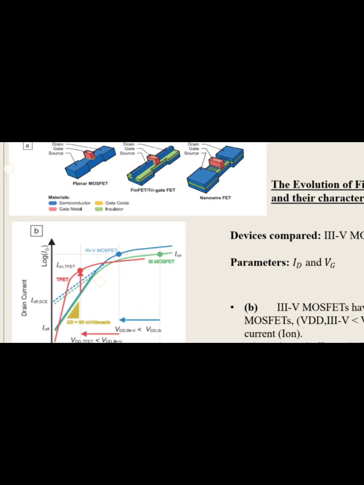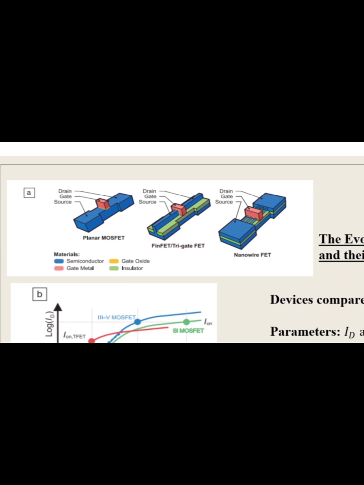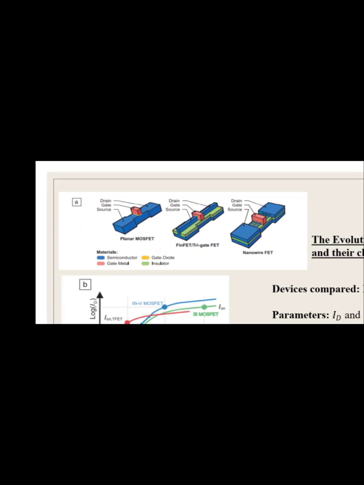Coming to figure A of this paper, this depicts the evolution that has taken place in the FET industry. MOSFET, as we all know, is nothing but metal oxide semiconductor field effect transistor. Coming from left to right, it goes from planar MOSFET to FinFET or Tri-Gate FET to the latest nanowire FET.